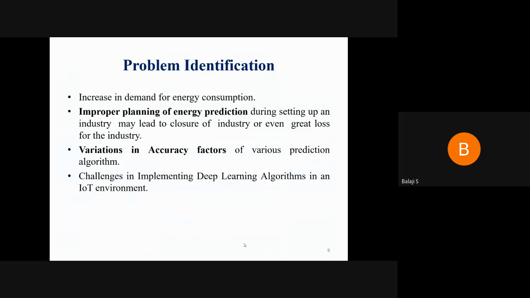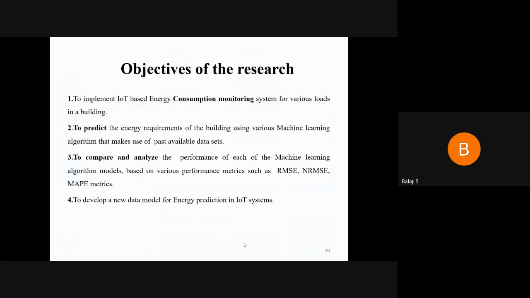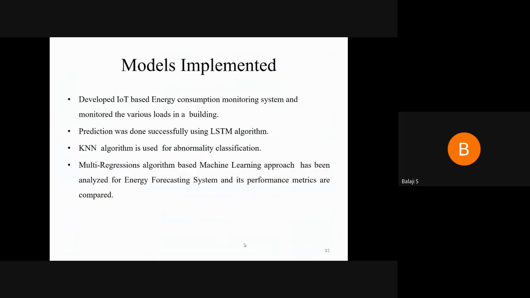Problems identified: increase in demand for energy consumption, improper planning of energy production, varying accuracy factors, and challenges in implementing deep learning algorithms in an IoT environment. Objectives include consumption and monitoring of energy, predicting the energy, comparing and analyzing, and developing new ML based IoT models.